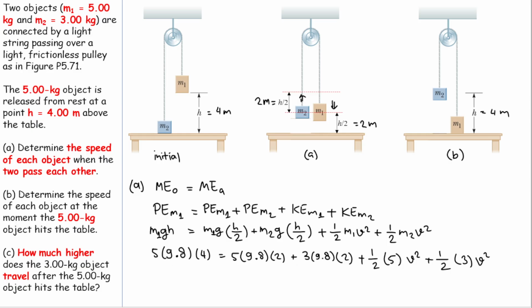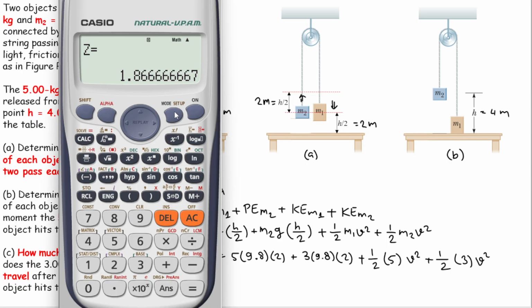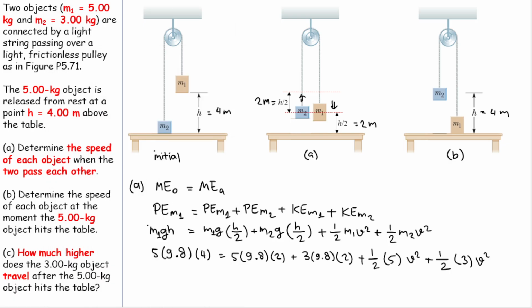Now on the left hand side, I have 5 multiplied by 9.8 multiplied by 4, and I will have 196.